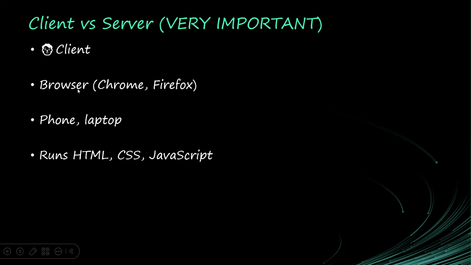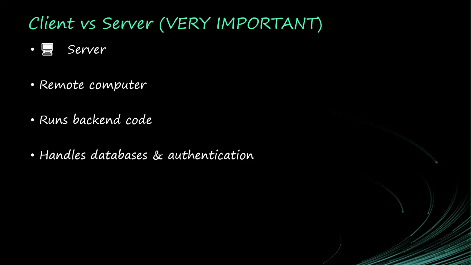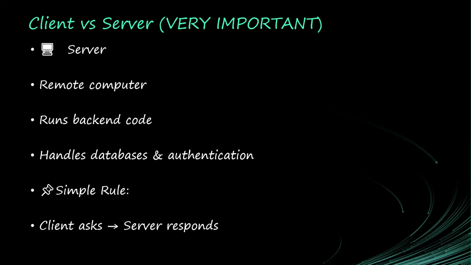The browser is the main client agent. It is the client that will make a request to the server. The server is a remote computer that processes the request of a client. It runs backend code, and it handles the database, authentication, and business rules. The client asks for something, and the server will respond.